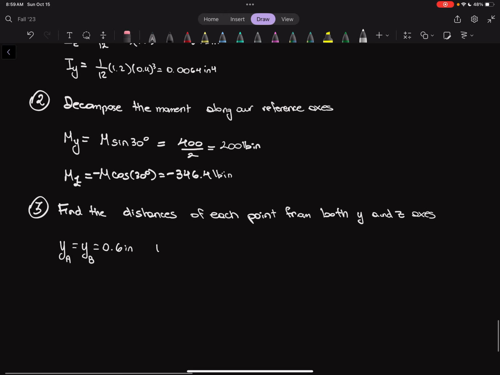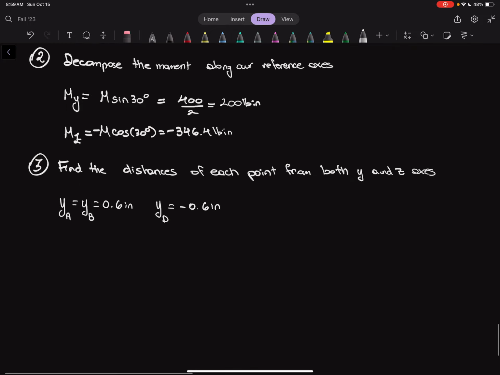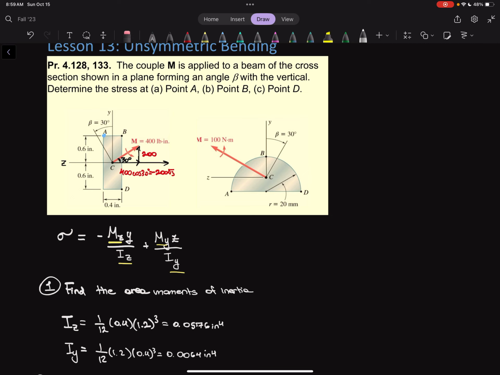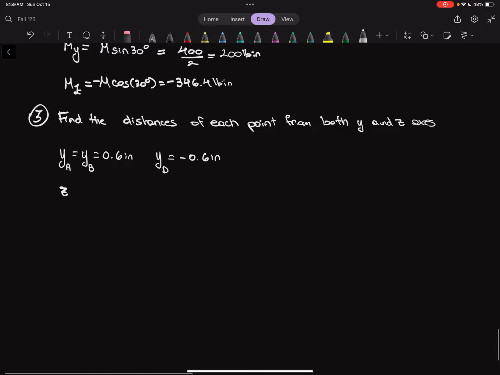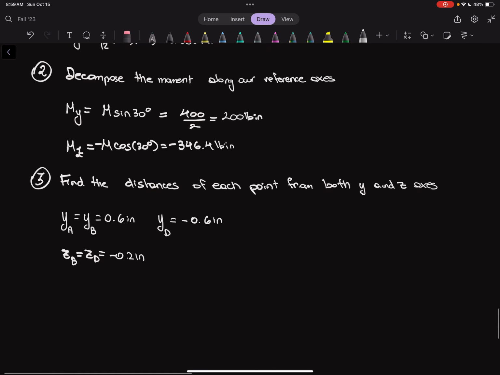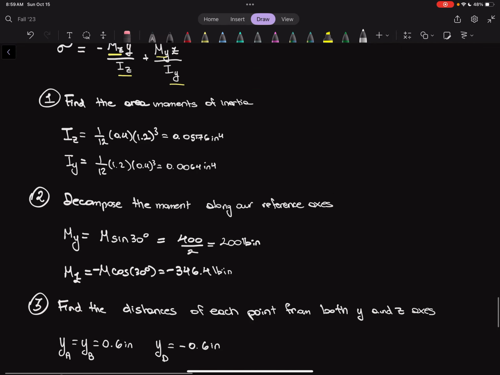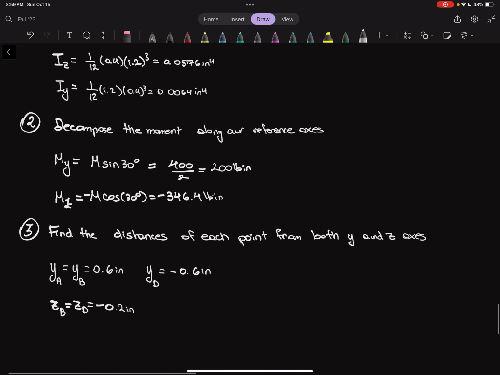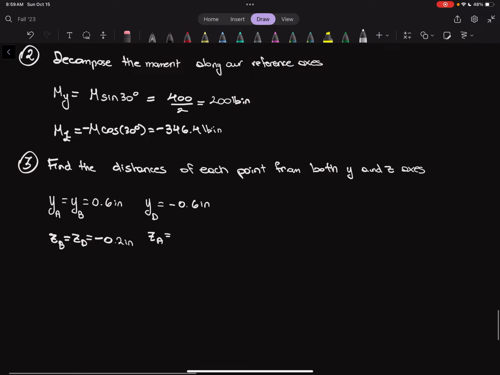Y of D is going to be minus 0.6 inches. Now, z of B is going to be equal to z of D, and it's going to be minus 0.2 inches. And then we have to look at z of A. It's going to be positive 0.2 inches.